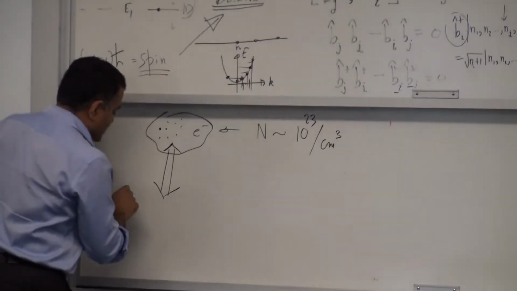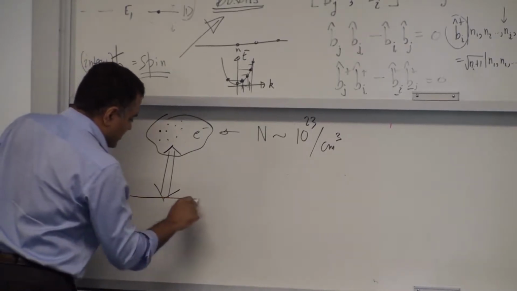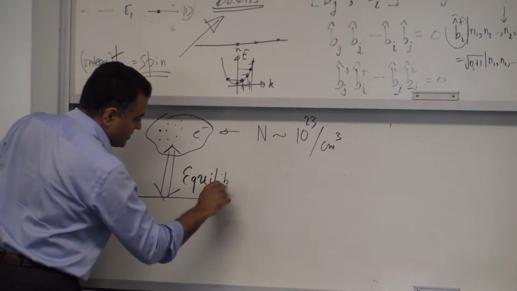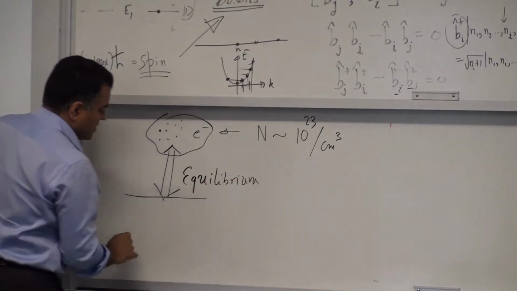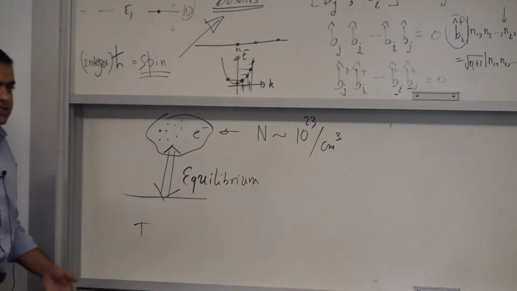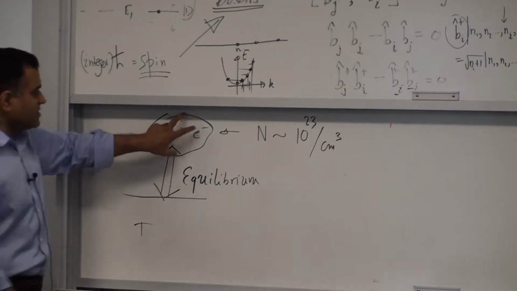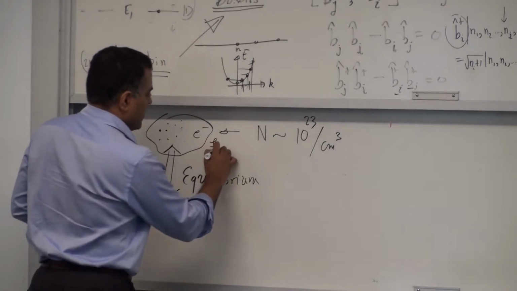And this thing is in equilibrium with a heat bath or something that has a temperature T. So you can see this is an element of thermodynamics. There is a system of either fermions or bosons.